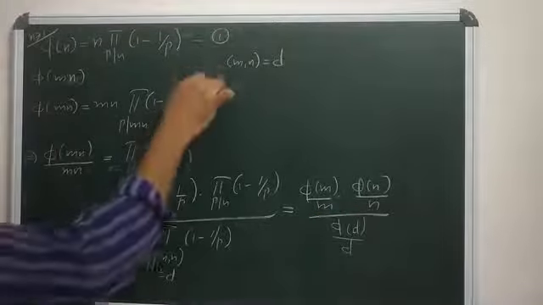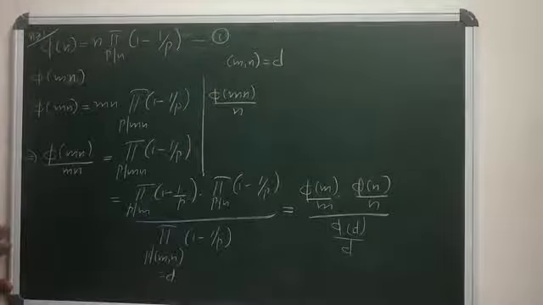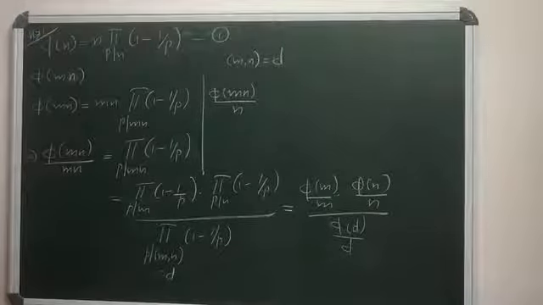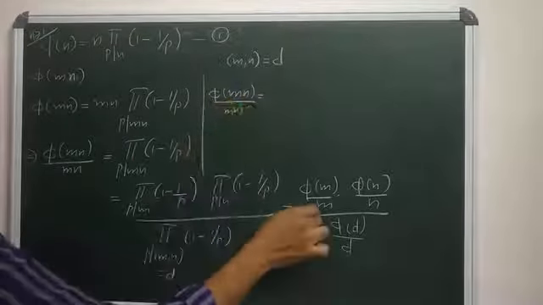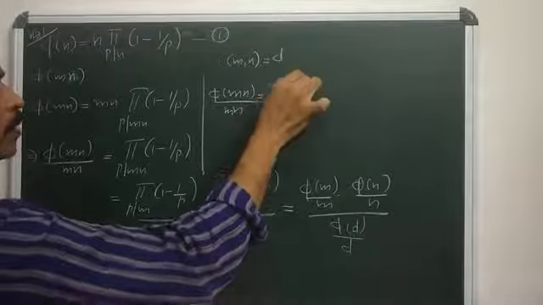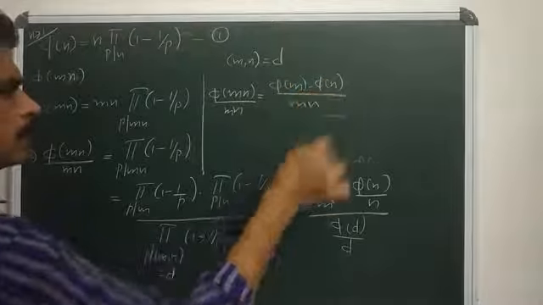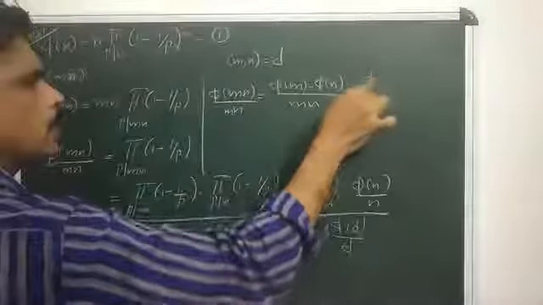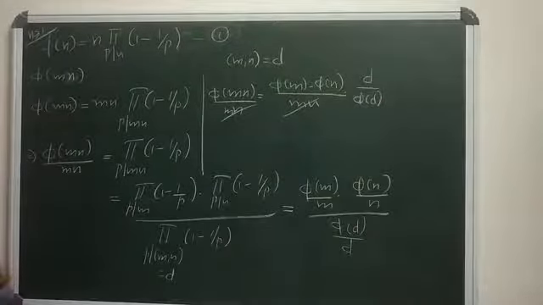Clear? That means phi of mn by mn equals phi of m into phi of n by mn into d by phi of d. This mn cancels on both sides.